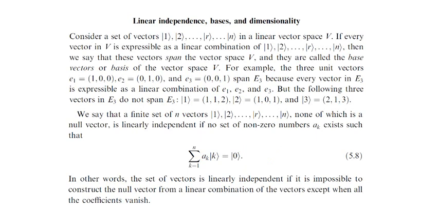If you consider a set of vectors 1, 2, etc. up to n in a linear vector space V, and if it is possible to express all the vectors in the vector space V in terms of these set of vectors, then we can say that this set of vectors span the vector space and they are called base vectors or basis of the vector space V.